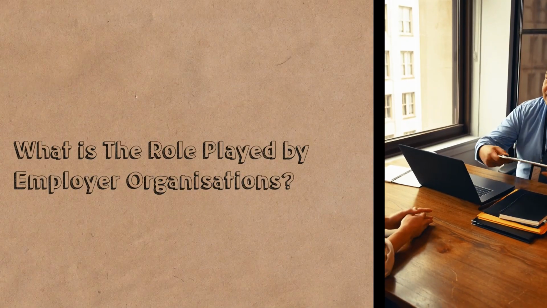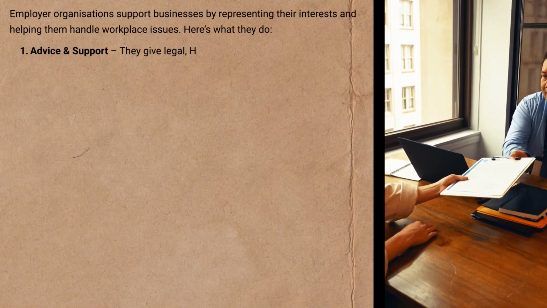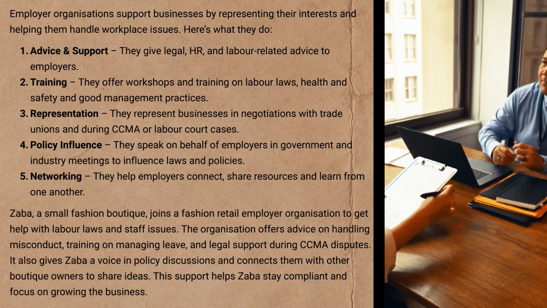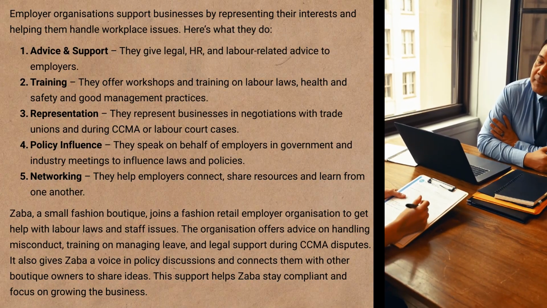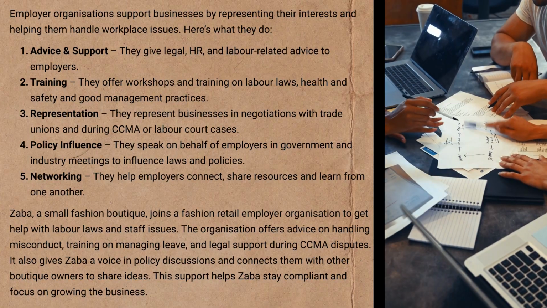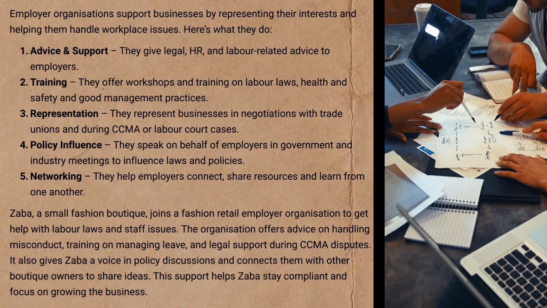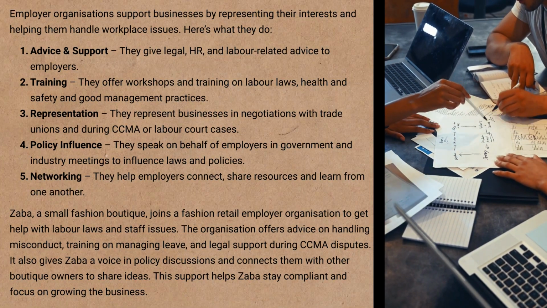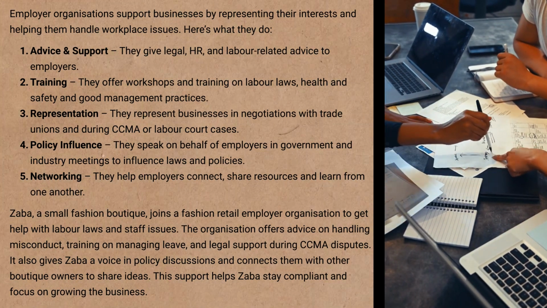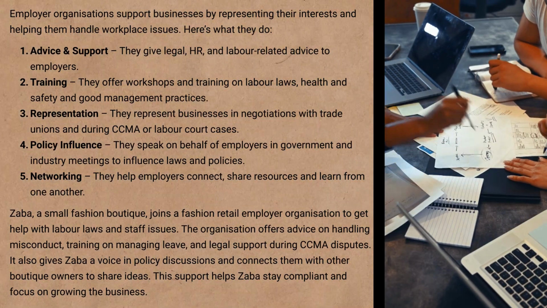What do these organizations do? Lobbying: they speak to the government or other big players about what businesses need or want, like changes in laws or tax policies. Advice and support: they give advice to their members on how to handle business challenges, including legal stuff, worker rights, or how to grow your business.